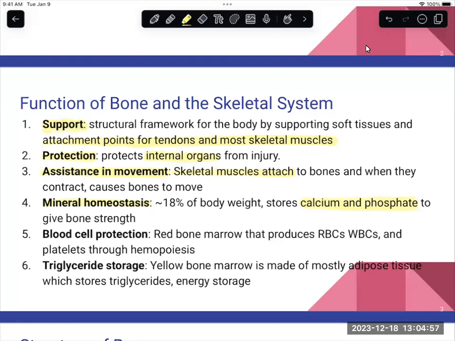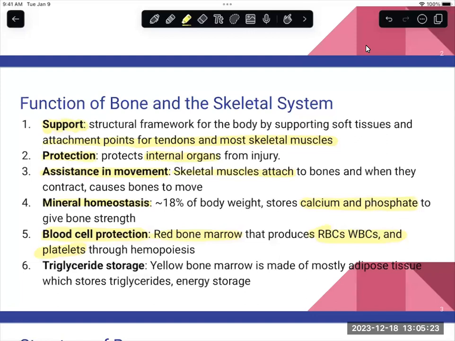Our red bone marrow is where our red and white blood cells are made, and platelets. We'll mention where these are found in bones, and you'll learn more about your red blood cells, white blood cells, and platelets when you get to Anatomy 2.